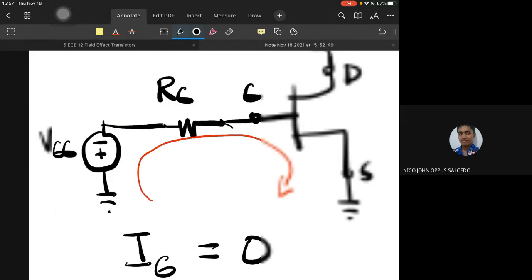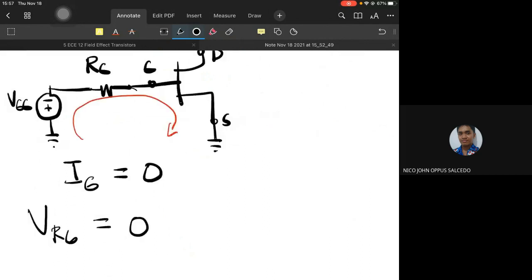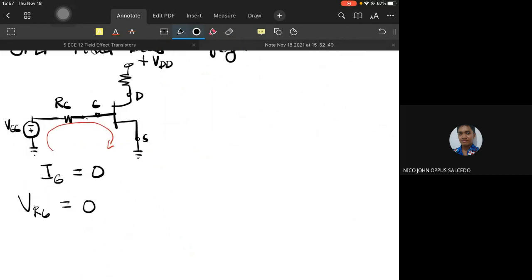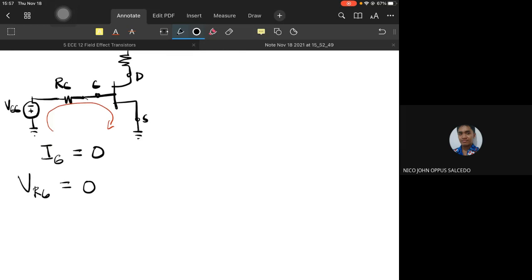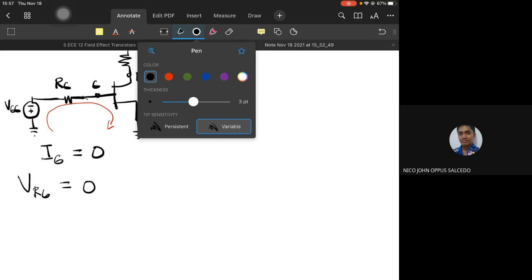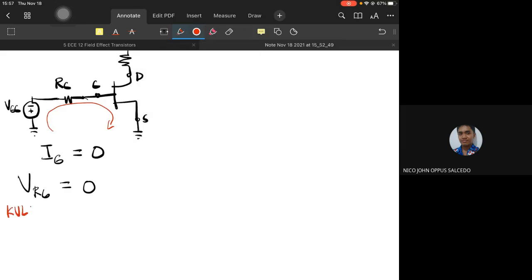So applying KVL, negative VGG minus VRG, which is of course equal to 0, minus VGS is equal to 0, right?